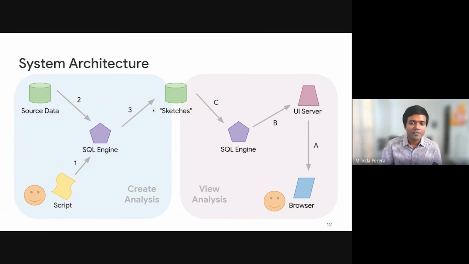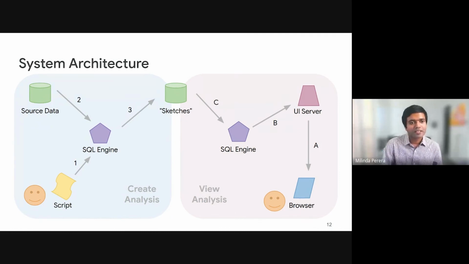So we have this intermediate data format called a sketch. The idea is this is an intermediate data format that allows us to apply differential privacy in real time very efficiently. But it also takes less space than the underlying source data. So that's something we create during the create analysis phase. And when you render the analysis, we primarily rely on these sketches to compute these metrics in pretty much real time.